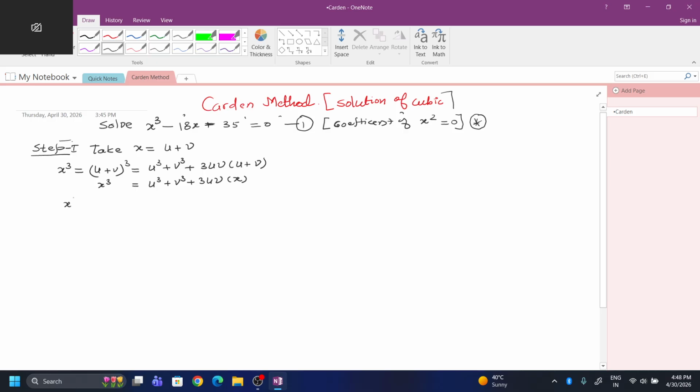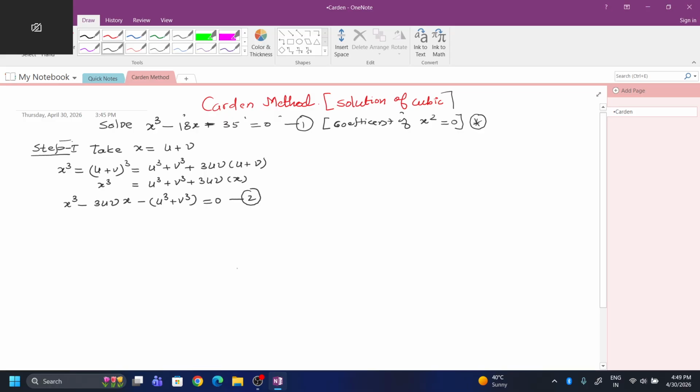Now transfer this part: x cube minus 3uv x minus (u cube plus v cube) is equal to 0. Say it is your equation number 2.